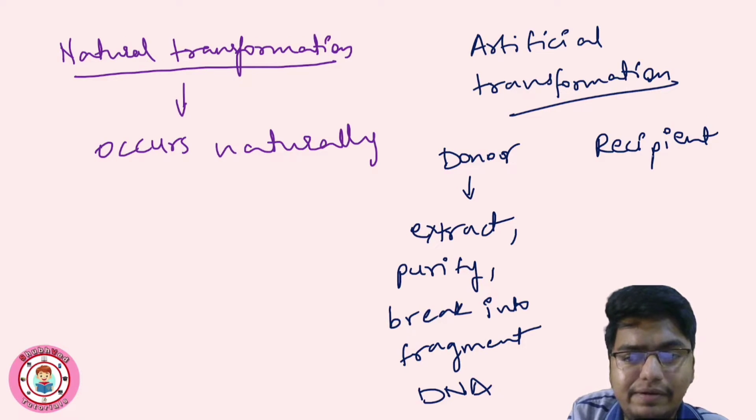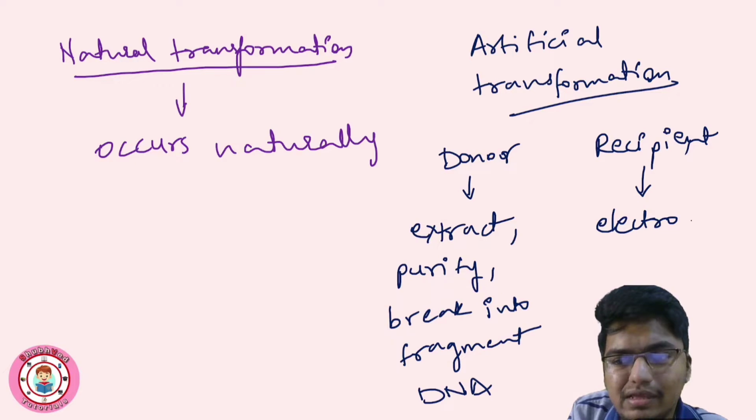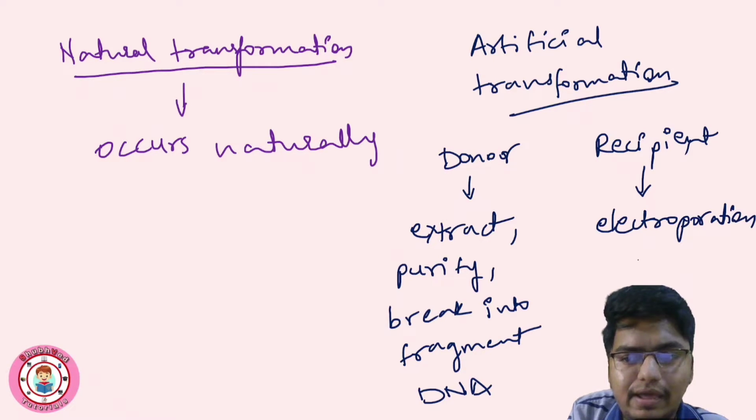And the recipient, we do electroporation to make the cell more permeable for the entry of DNA, or we can say chemical treatment.